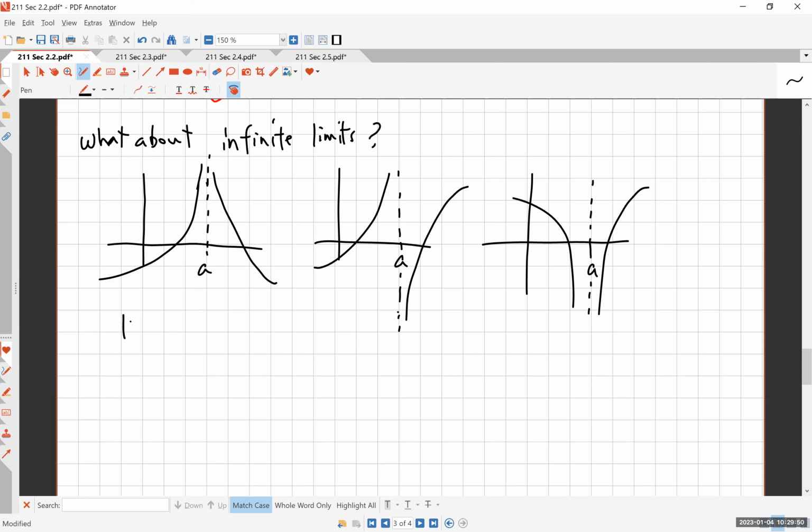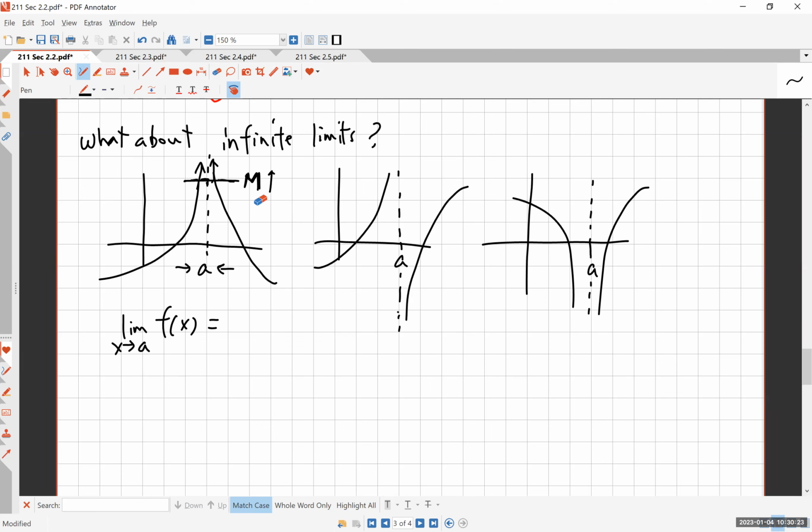So here we say the limit of f of x as x approaches a is infinity. What happens is it gets bigger and bigger. More precisely, as x approaches a, f of x approaches infinity, meaning that any bound M you try to set, f of x close to a will go over it.